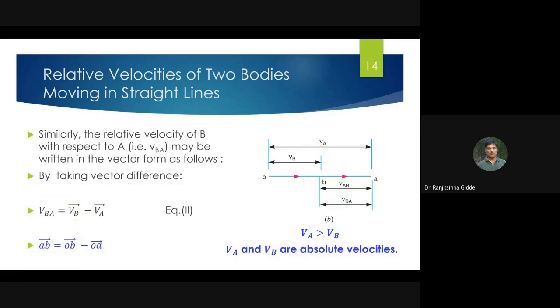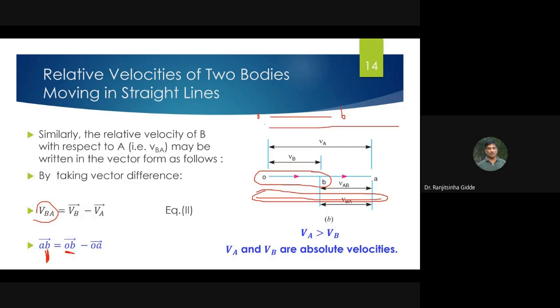Vector AB means relative velocity of B with respect to A. Here we are writing directly, and here it indicates relative velocity of B with respect to A is equal to OB minus OA, or just this is OB and this is OA.